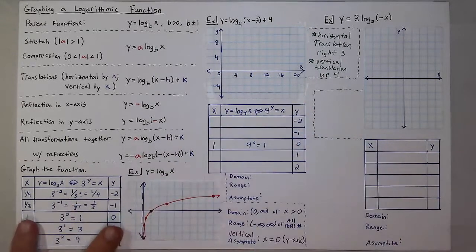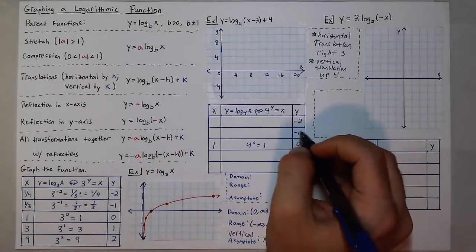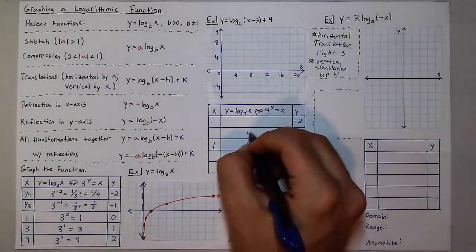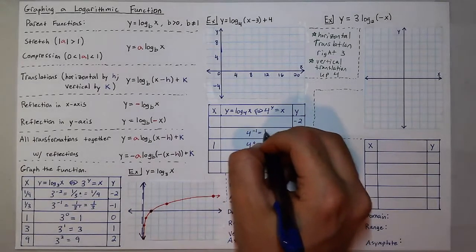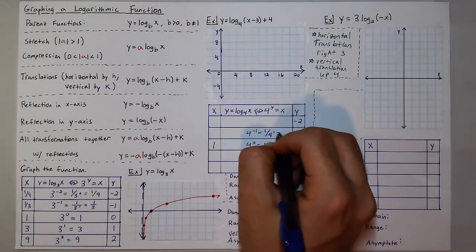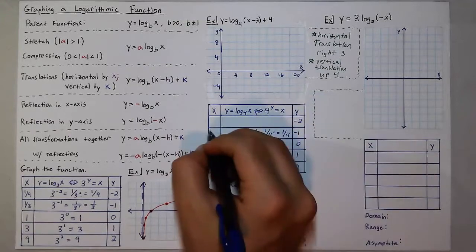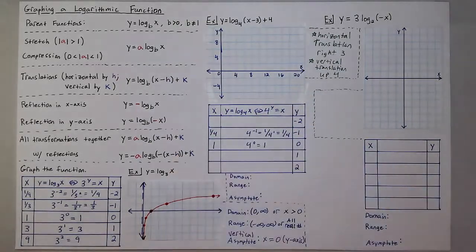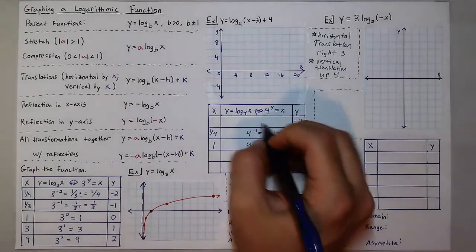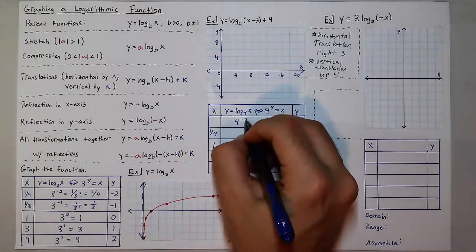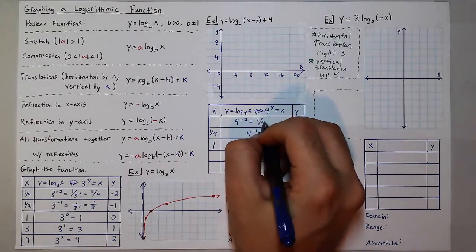You'll see that as a common point with these parent graphs. And then plugging in -1, I get 1 over 4 to the first, which is known as 1/4. So when x is 1/4, y is -1. And for 4 to the -2, it's known as 1 over 4 squared.